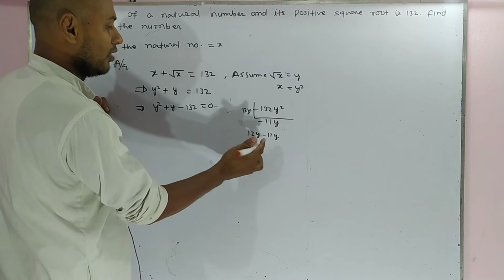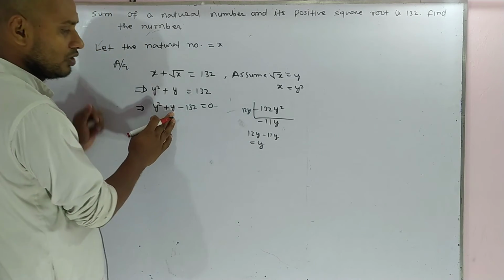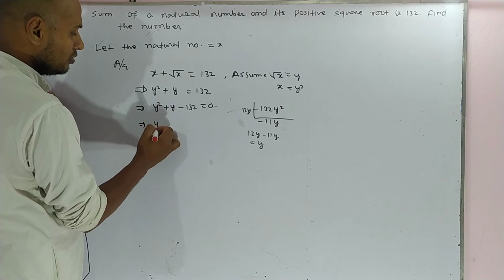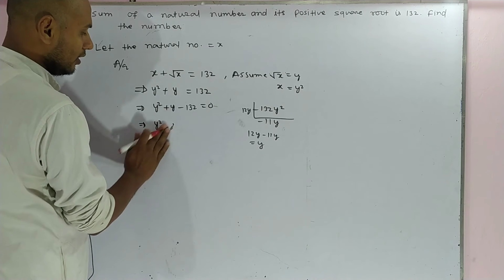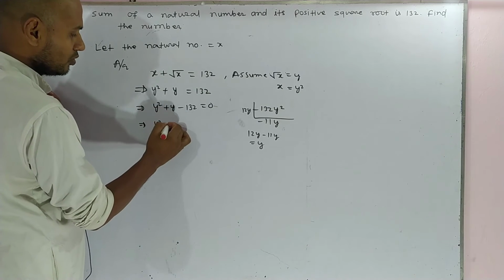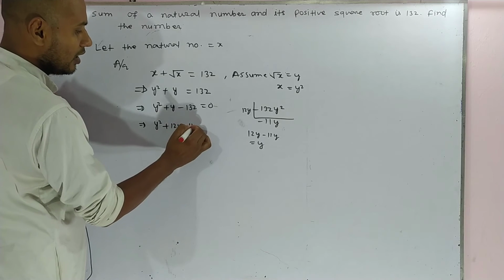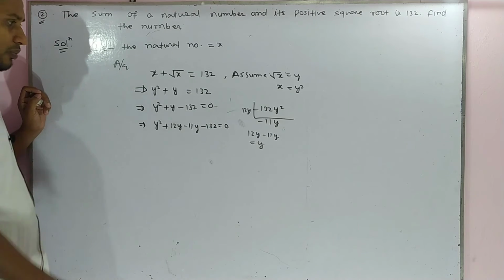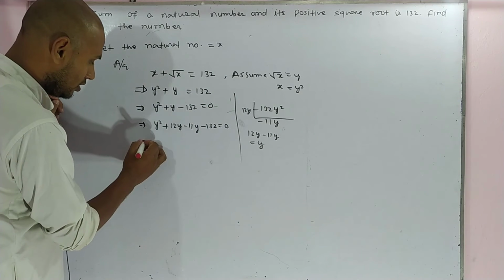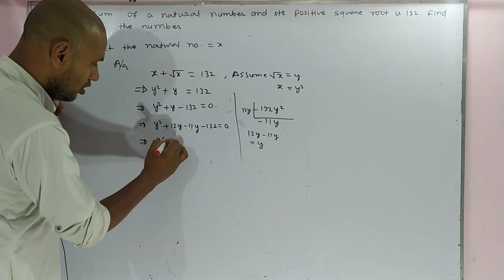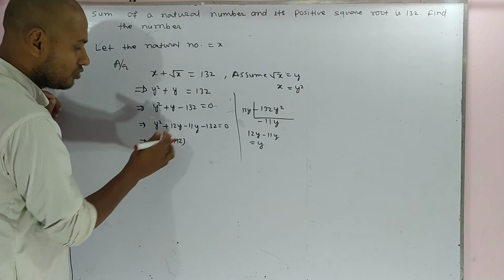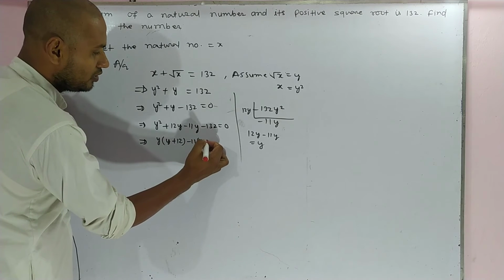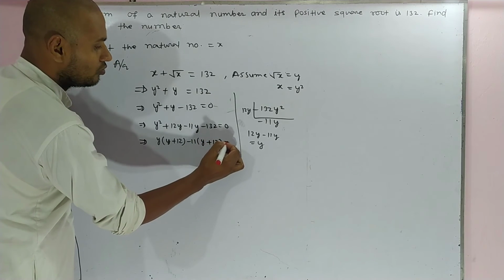So in place of y we put 12y minus 11y, and minus 132 equals 0. Taking y as common from the first two terms, y plus 12, and taking 11 as common from the last two terms, y plus 12.